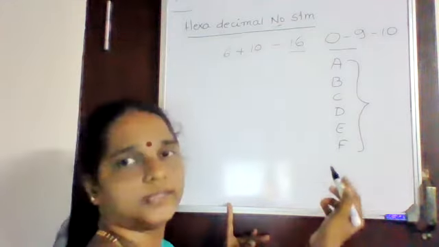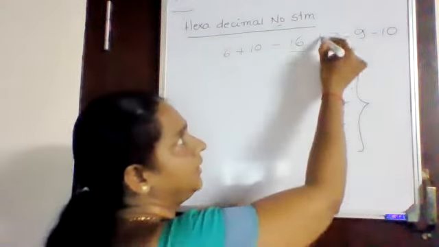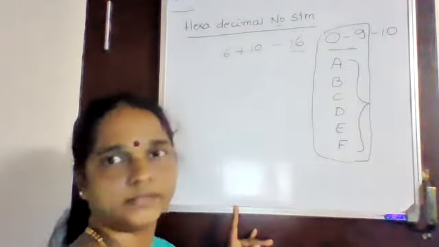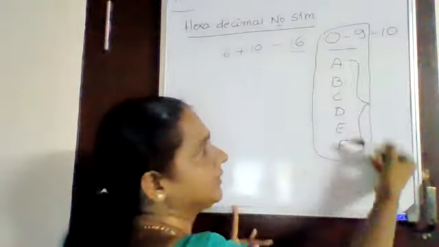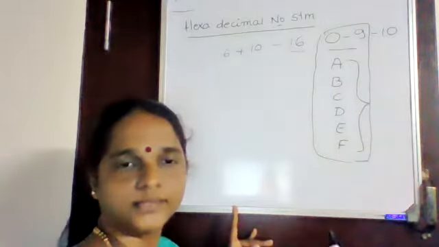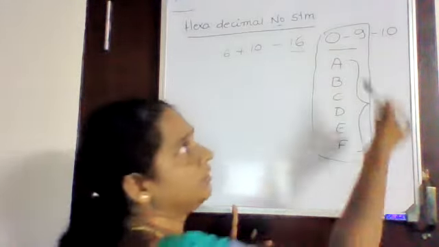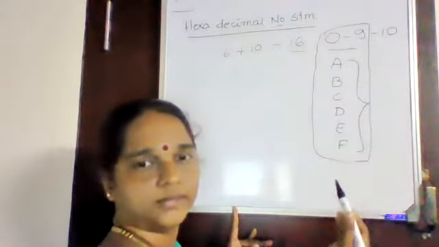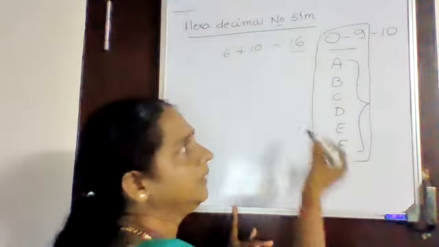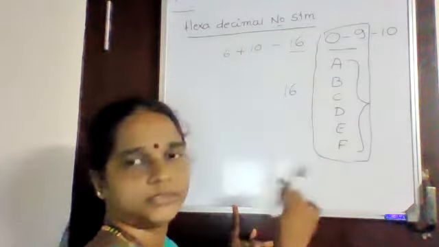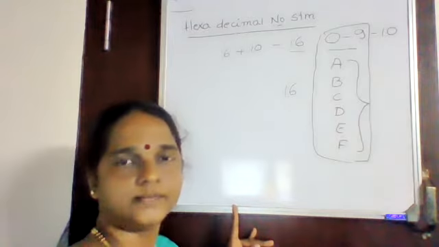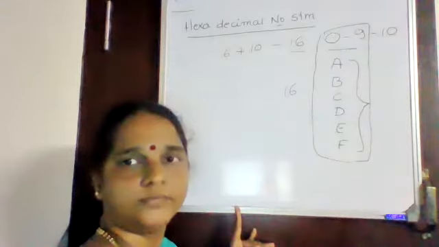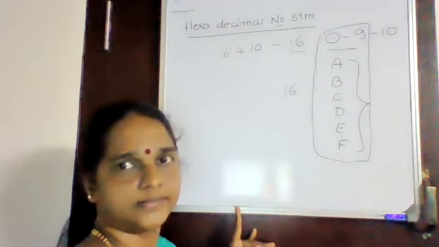So together it consists of 0 to 9, totally 10 numbers, and alphabets A to F, totally 6 alphabets. Totally it became 16. Therefore, this number system is also called alphanumeric, alphabets and numbers.